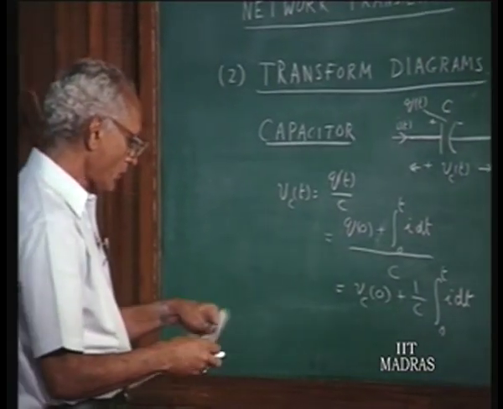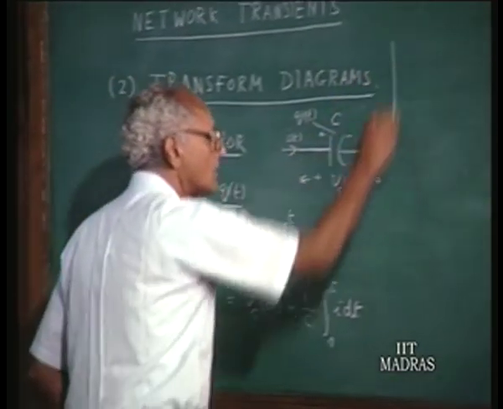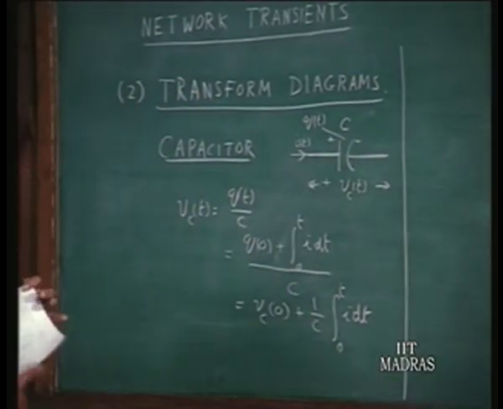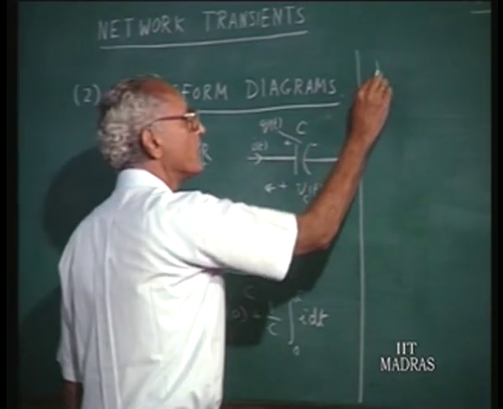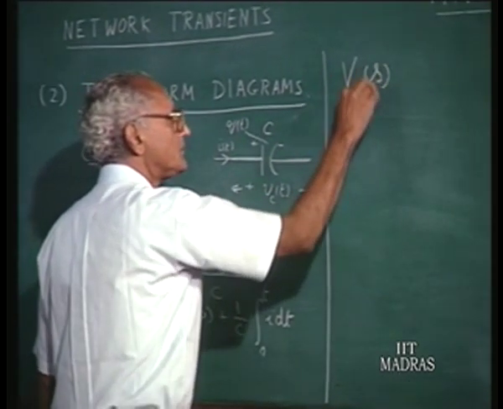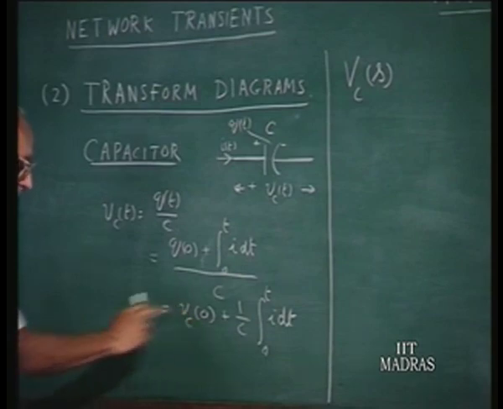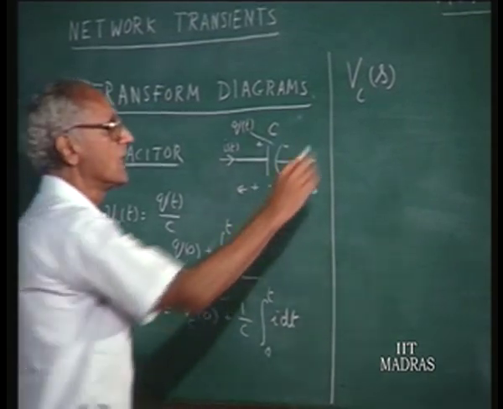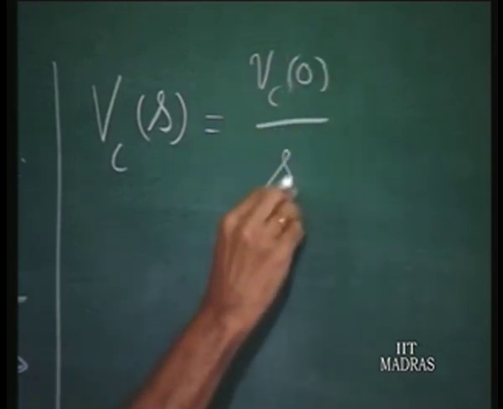So what we would like to do is transform these quantities into their corresponding Laplace transforms. So Vc of t, suppose, has the Laplace transform Vc of s. Then that is the Laplace transform on the left hand side. On the right hand side, Vc0, that's a constant. Therefore, its Laplace transform will be Vc0 over s.